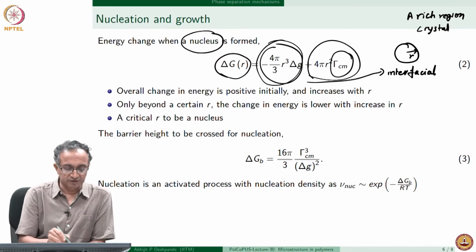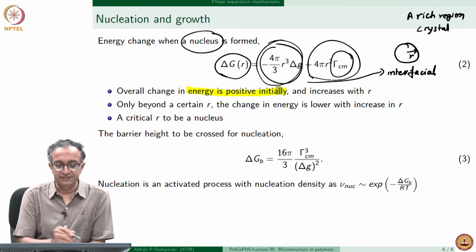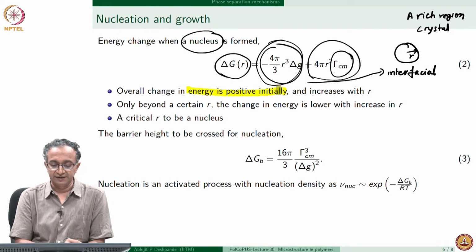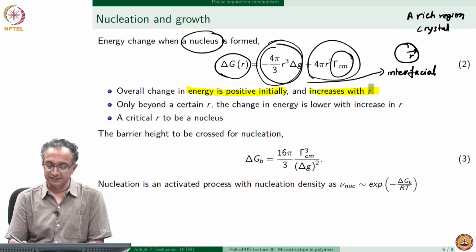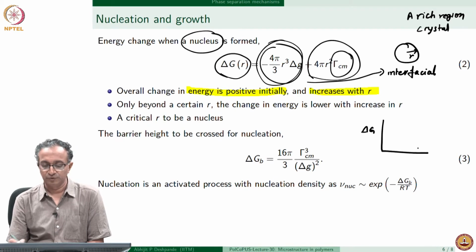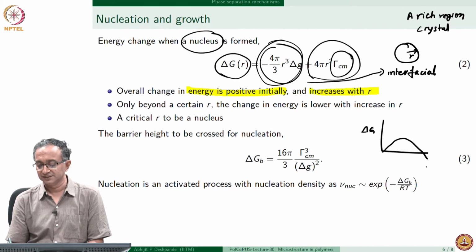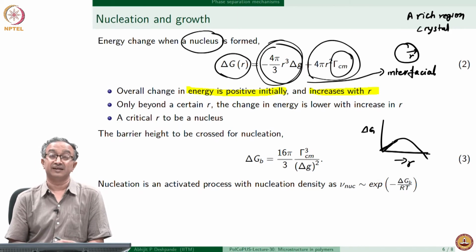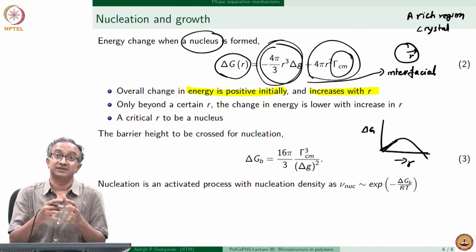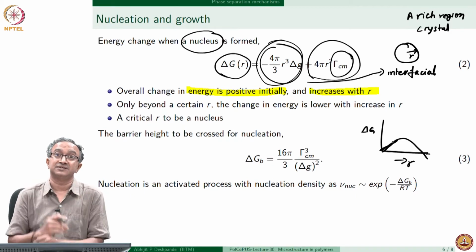Because of this, the overall change in energy is initially positive, and it in fact also increases with R. So if you look at this delta G as a function of R, you can put some numbers here for delta G and gamma, and you can see how the variation goes with respect to R. In the initial region, delta G overall increases if the crystal or A-rich region starts growing.